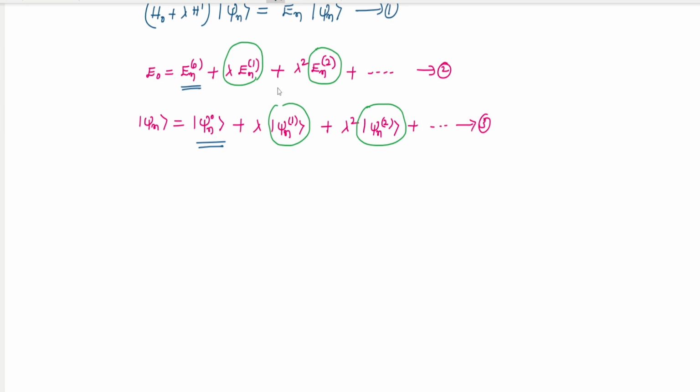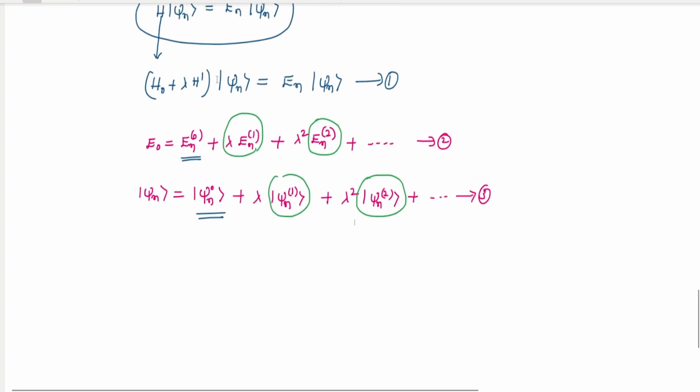Now I'm going to substitute equation number 2 and 3 in equation number 1. How am I going to substitute? We extend the energy and the wave function in terms of power series.